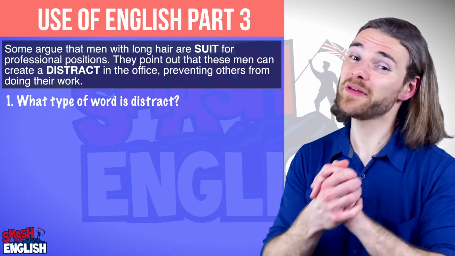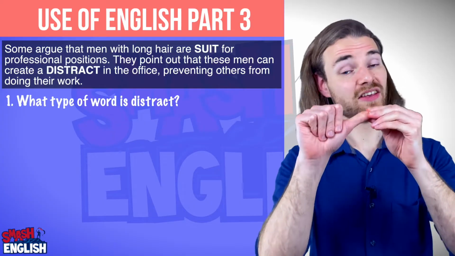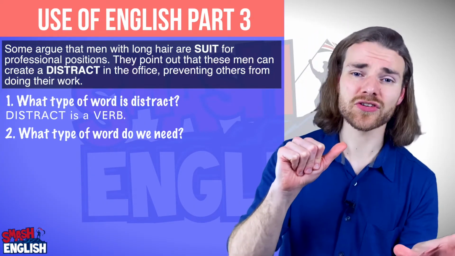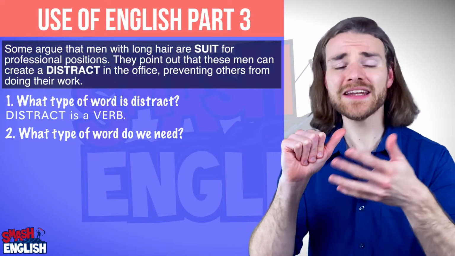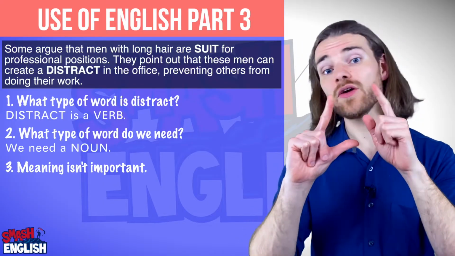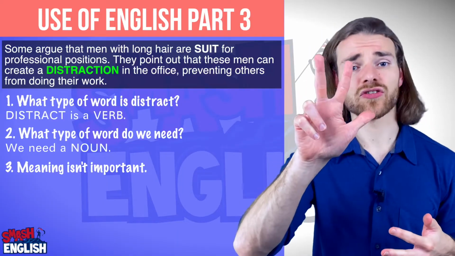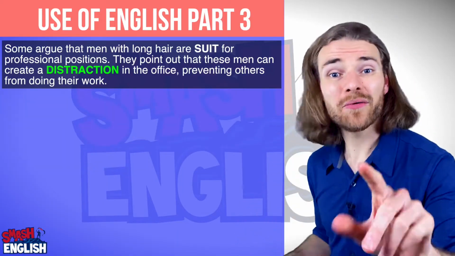This again will be very simple. Distract is a verb. Before our space we have an indefinite article. This means we need a noun. There is only one noun for distract, and that is distraction. Simple.